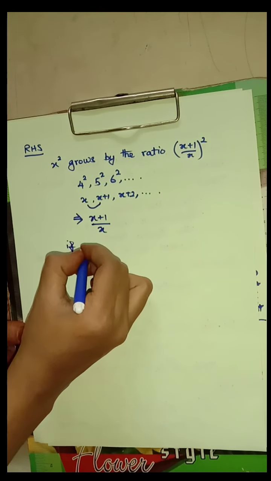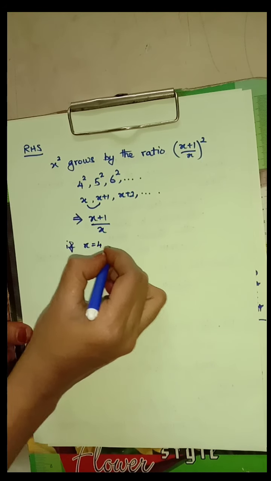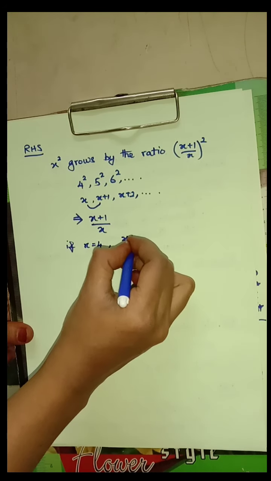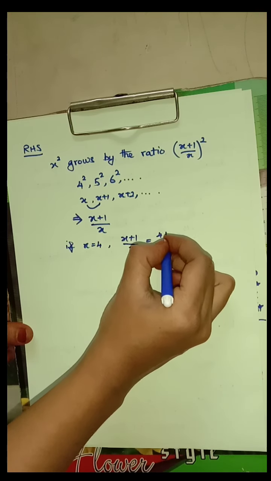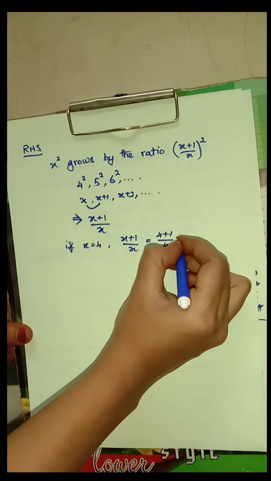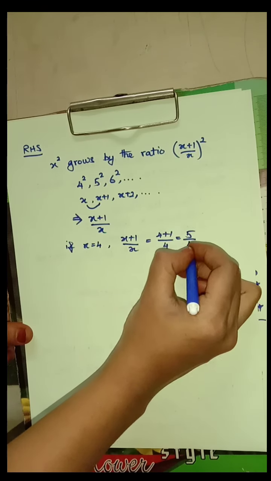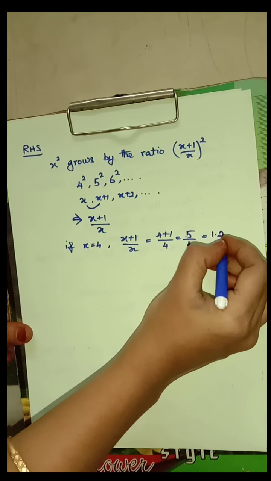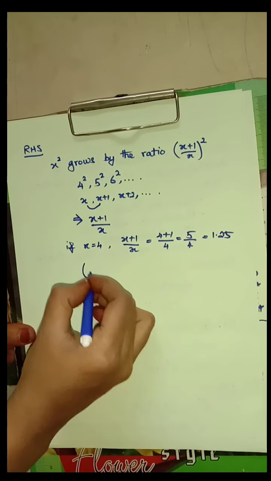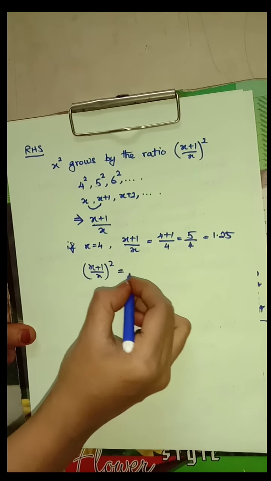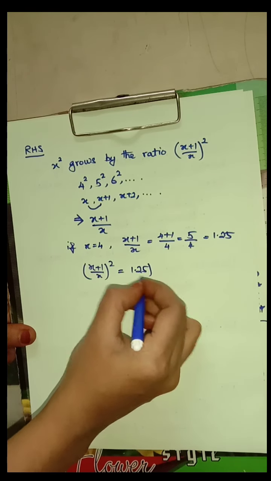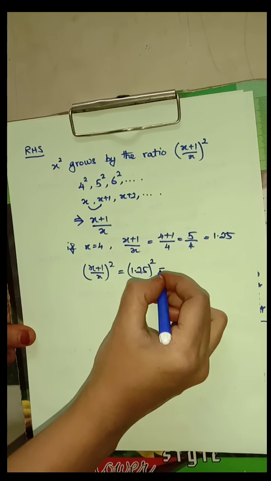If I substitute x is equal to 4 in this x plus 1 by x, I will get 4 plus 1 by 4, 5 by 4, which is 1.25. If it is x plus 1 by x whole square, then it will be 1.25 whole square.